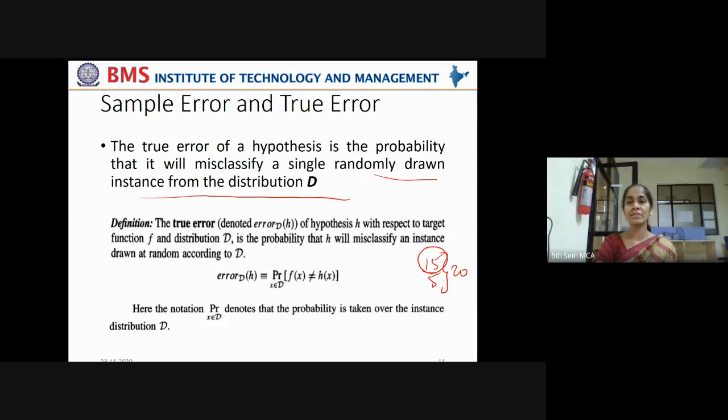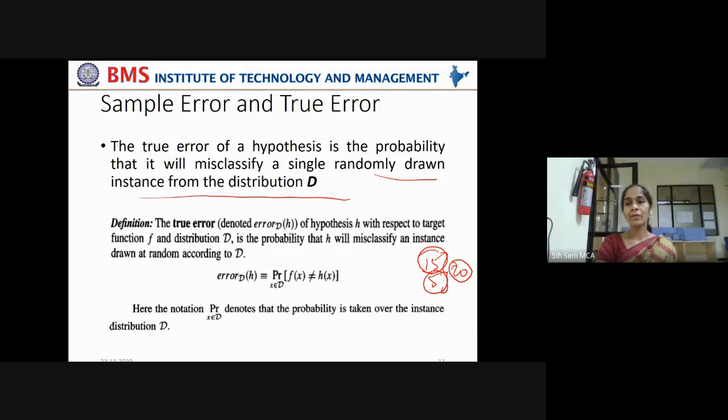In that case, we say that 75% accuracy is seen in its generalizability. It is showing only 75% accuracy with the unseen data, and 25% will be the true error in that particular case. You understood this? A machine learning model is trained and 20 new data points are given to it to predict.